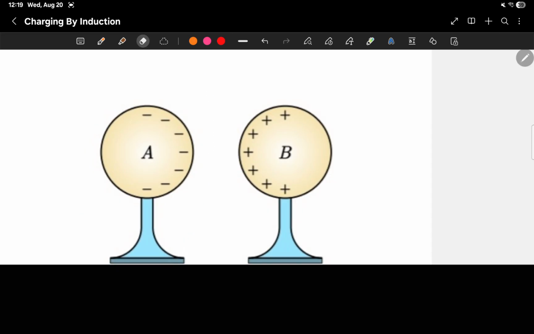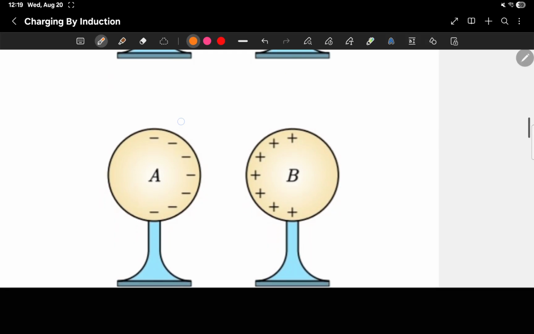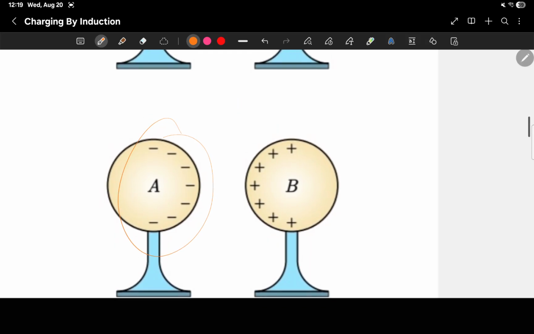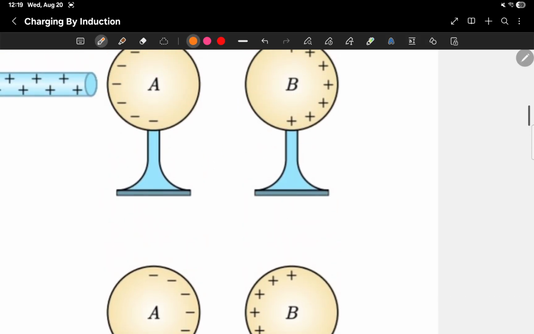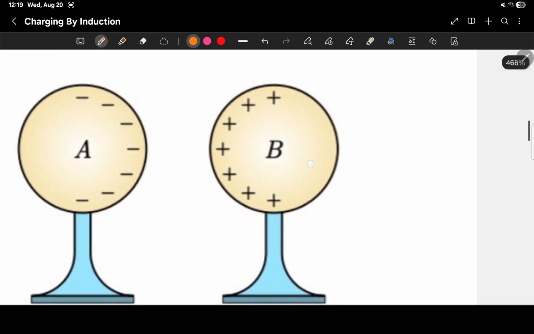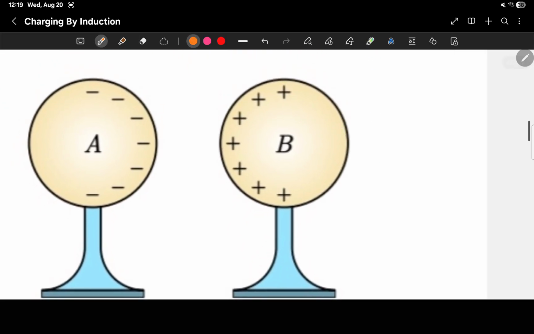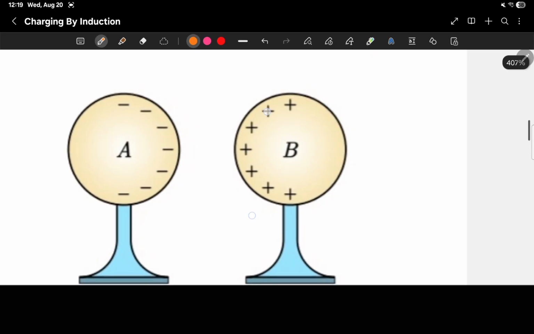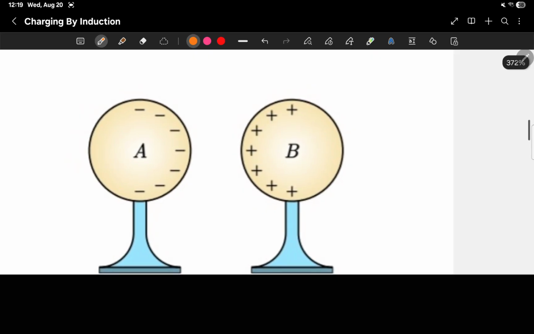They're split apart, and the negative charges in sphere A move to the right-hand side of sphere A, and the positive charges of sphere B move to the left-hand side of sphere B. Because again, opposite charges tend to attract one another. But this is where everything stops. We've charged both of these spheres by induction.